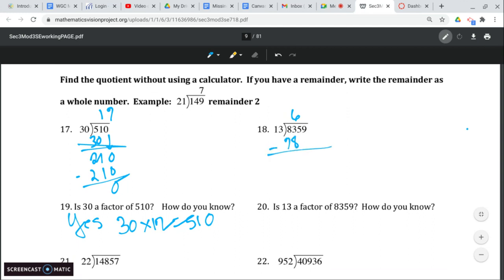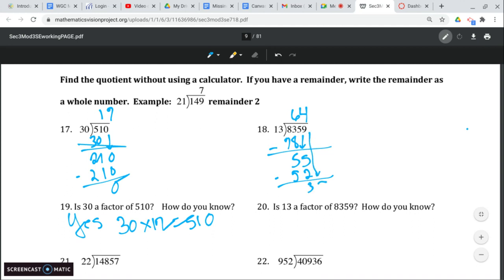So 83 minus 78 will give us 5. Bring down our 5. How many times can 13 go into 55? It can go in 4 times, which is 52. Subtract 55 minus 52 is 3.